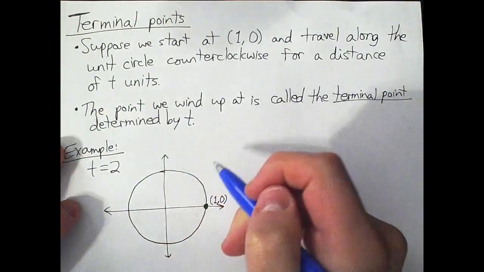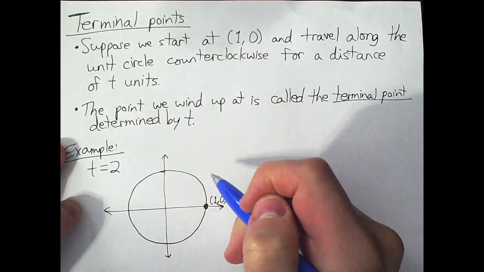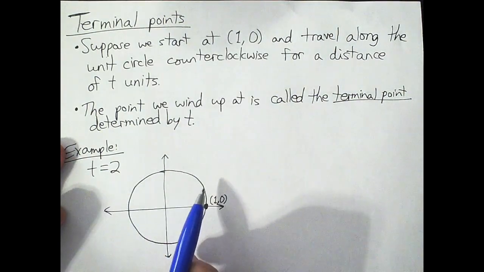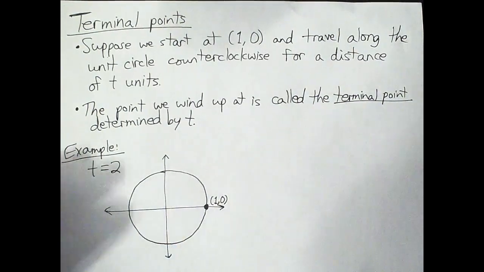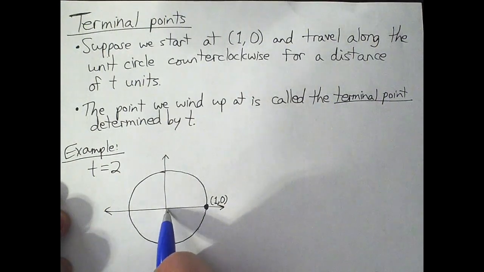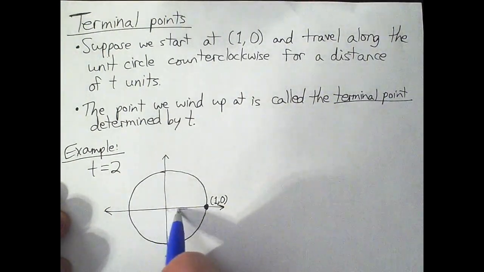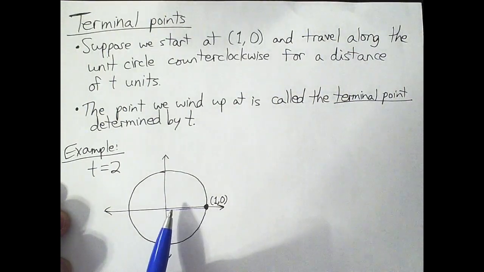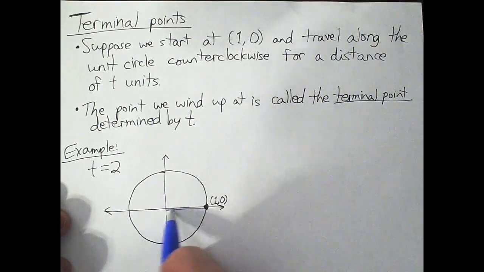But anyway, how do we go around? This is a curved distance. It's easy to measure things in a straight line, but hard to measure things on a curve. I'm going to draw this lightly. This right here is a distance of 1, right? I know that this is a distance of 1.